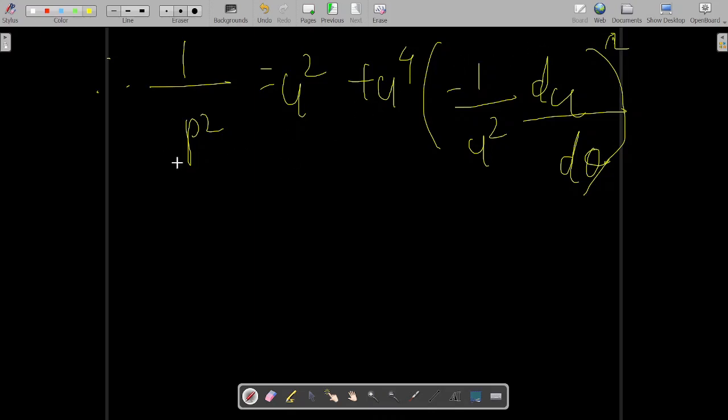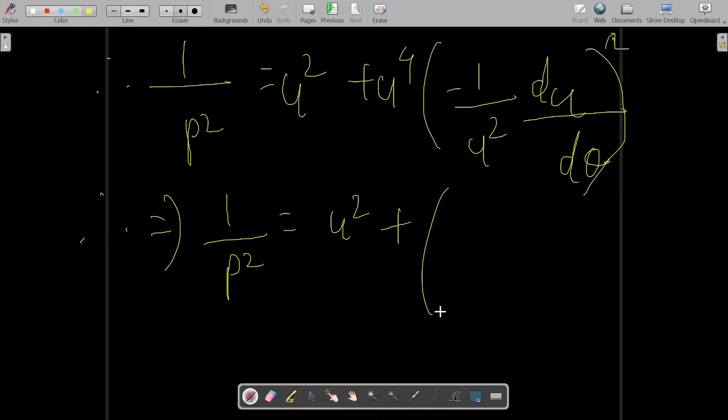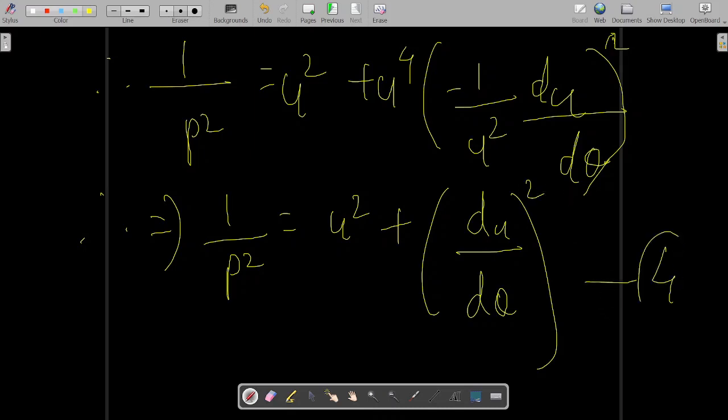Now again, that implies that 1 over p square is equal to u square plus u power 4 and u power 4 will cancel out. So what do you get? Du by d theta whole square. This is the thing which you get. This is suppose your equation number 4.